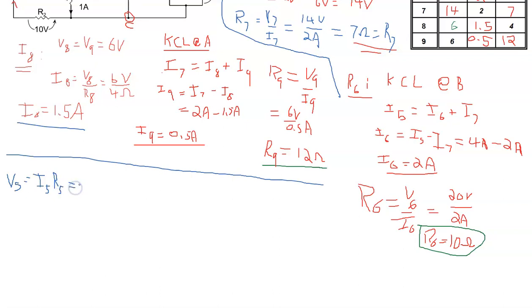And again, that current on the diagram was 4 amps. R5 had a value of 5 ohms. And so again we're seeing 20 volts across that resistor.